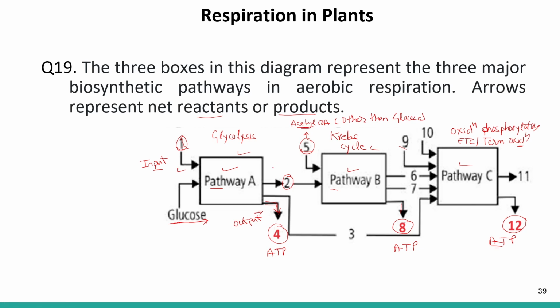Option 2 can be pyruvate, because after glycolysis pyruvate is formed. Pyruvate gets converted into acetyl coenzyme A, then it can enter the Krebs cycle.